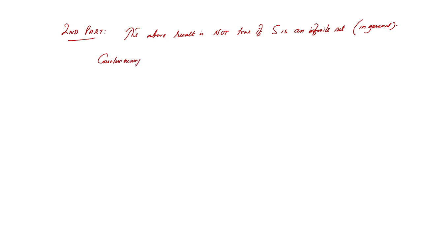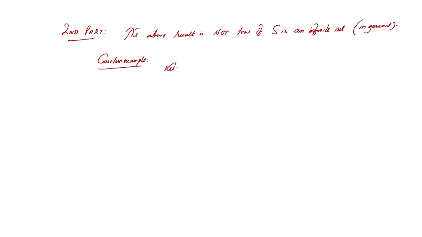So the above result is not true if S is an infinite set. In general, it is not true. So we need a suitable counterexample, through which we can show that if F from S to S is injective, that does not imply F is surjective.